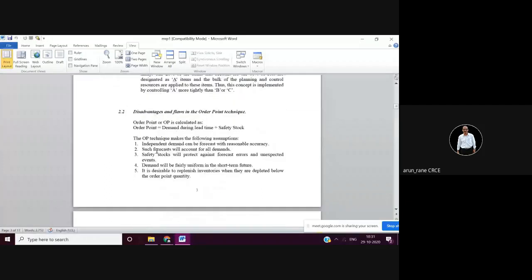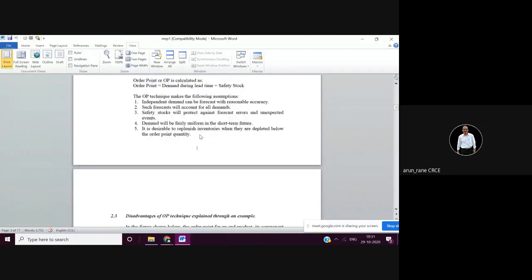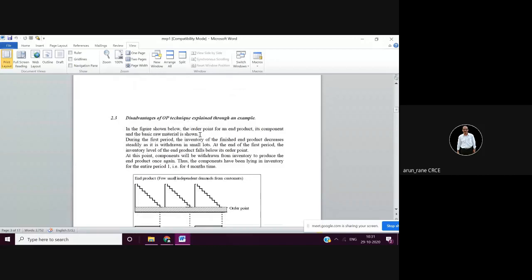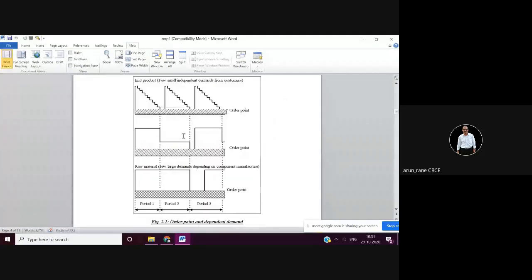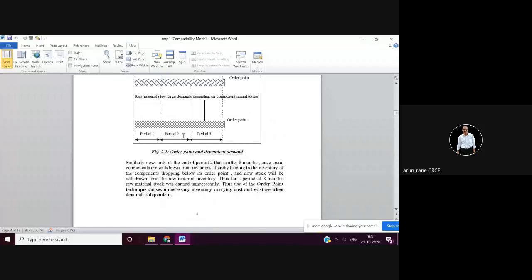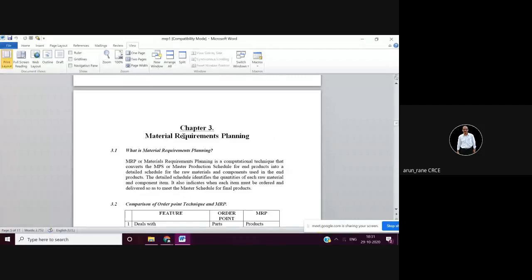And what are the disadvantages and flaws in the order point technique? So order point is equal to demand during lead time plus safety stock. This also we discussed in the presentation. Disadvantages of OP techniques, order point techniques.